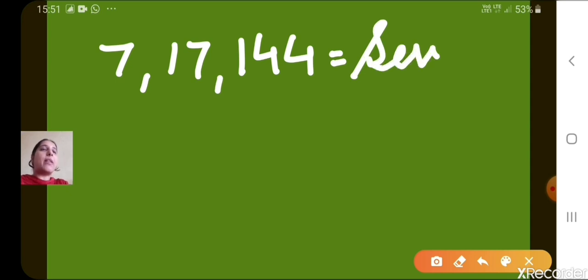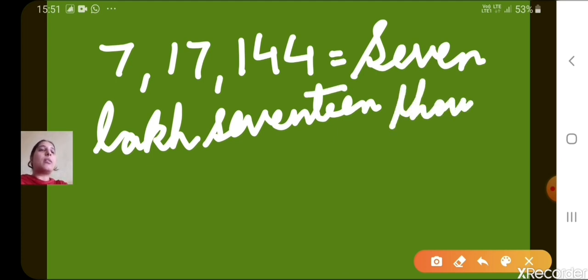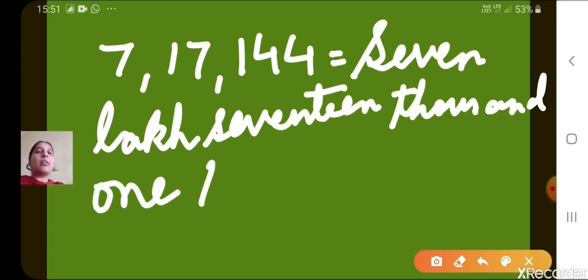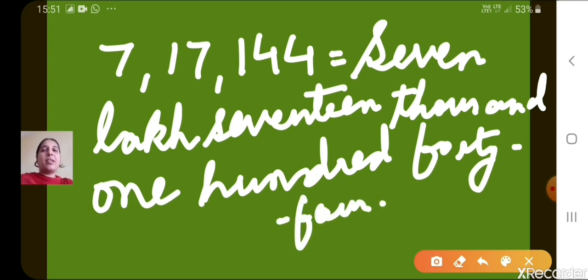So how will we write? 17,144. Okay? Because the sum obtained, you had to add, and then the sum you have obtained, that also you have to write in words. Okay? So in this way you will be writing.